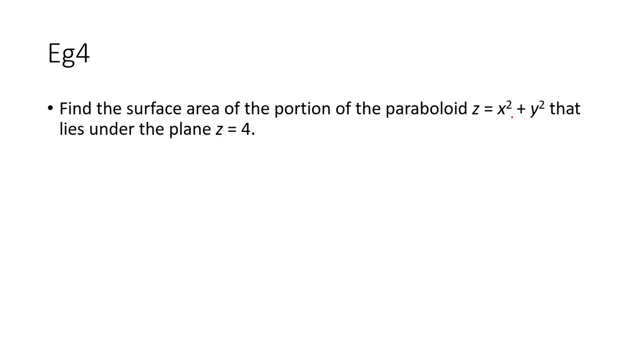Again, a paraboloid, but now the paraboloid's minimum point is at z equal to 0, under the plane z equal to 4. Compared to example 3, where the paraboloid minimum point is at z equal to 1, now this is at z equal to 0. So this is 4.